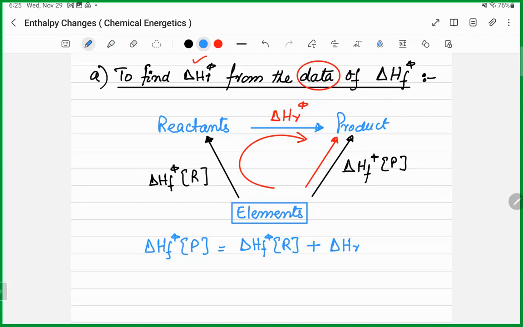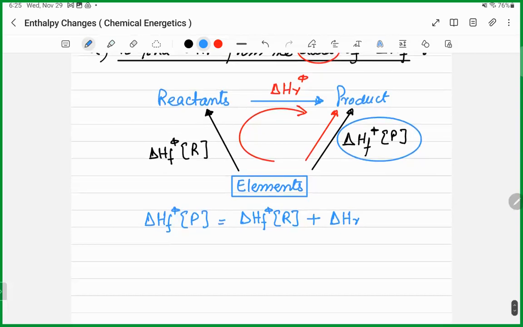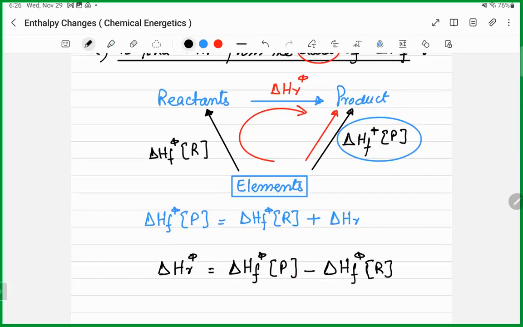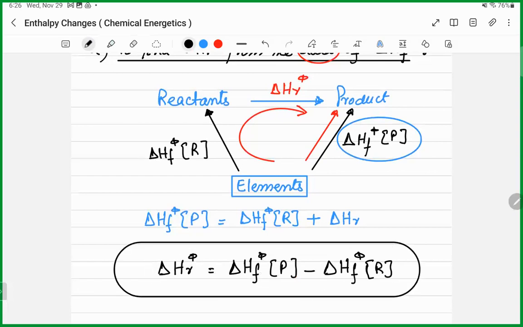And as per Hess's law, the enthalpy change of a direct route, which is this one, is equal to the sum of enthalpy changes of indirect route. मैंने उसको बराबर ले लिया. If I have to find out delta HR, I'm going to set this equation for delta HR. So this is enthalpy change of formation of product minus enthalpy change of formation of reactant. शॉर्टकट आ गया हमारे पास एक. ठीक है? शॉर्टकट क्या आया?